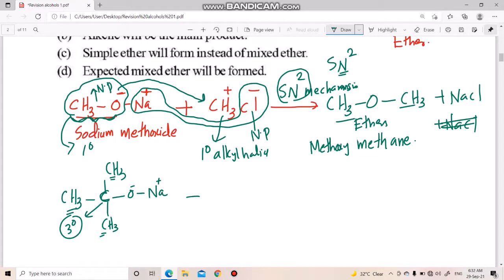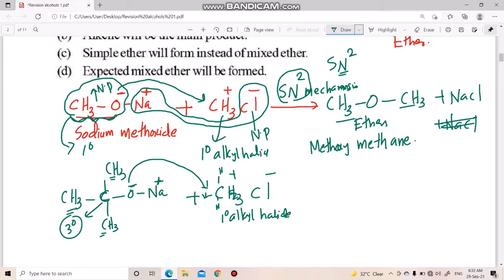Plus the alkyl halide, again primary, CH3Cl. Cl is negative, CH3 is plus, O negative is electronegative, Na is plus. For the primary alkyl halide, there are three hydrogens, 1, 2, 3, so no steric effect. So the nucleophile can attack from the back side.